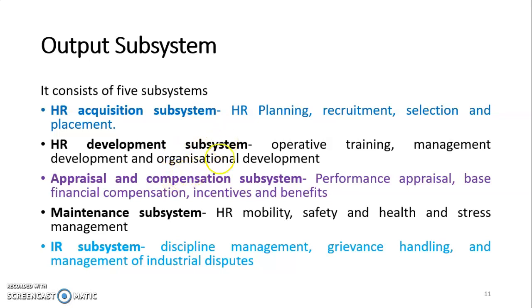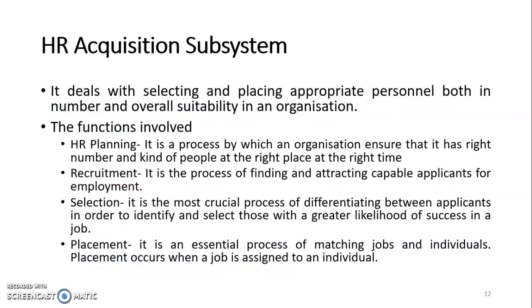Appraisal and compensation subsystem related to performance appraisal, base financial compensation, incentives and benefits of employee. Maintenance subsystem related to HR mobility, safety and health, stress management. And industrial relations subsystem deals with discipline management, grievance handling and management of industrial disputes. Let us take everything one by one.